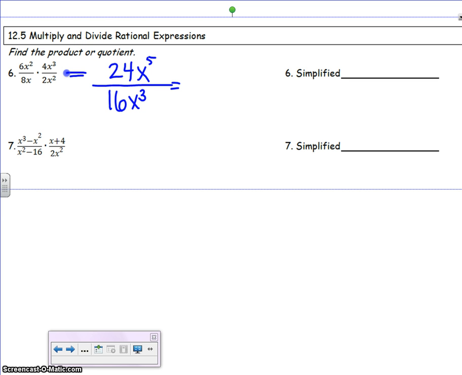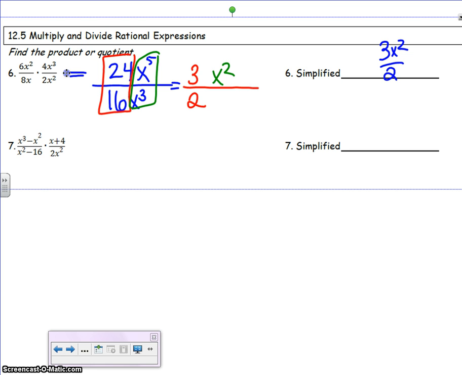Now I need to reduce my two parts of my fraction. So when I look at the coefficients, 24 over 16 is going to reduce. 8 goes into both of those. That will reduce to 3 over 2. And then x to the fifth over x to the third, that's going to reduce to x squared. So our simplified answer is 3x squared over 2.